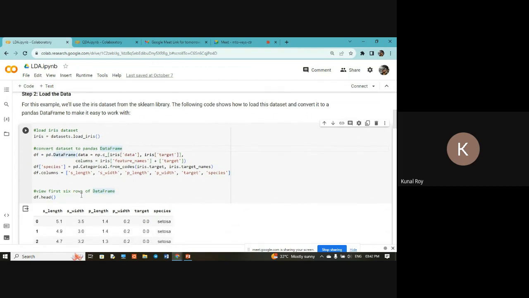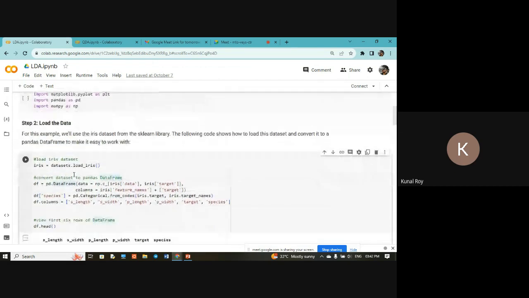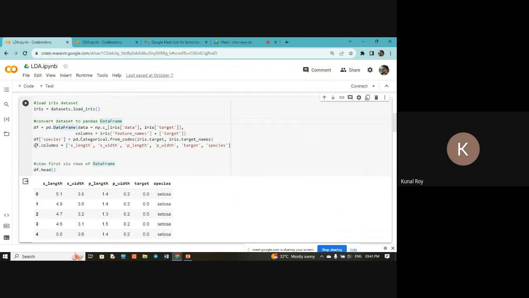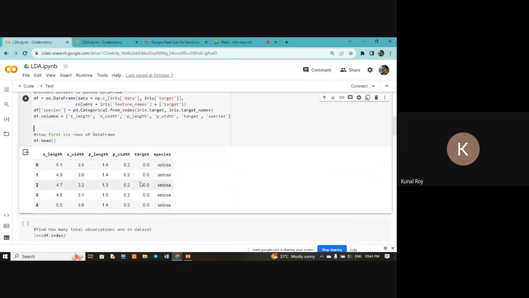After loading the data, I try to convert it into a data frame, or a tabular format. Now we have some columns: sepal length, sepal width, petal length, petal width, target, and species. So I try to observe this data first.